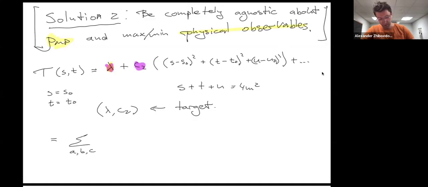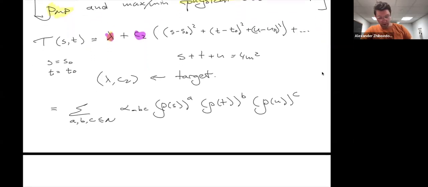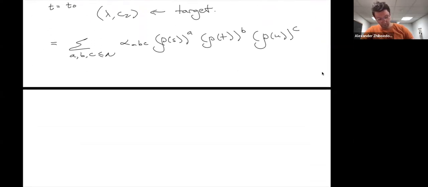You want to construct a big set of functions, and one convenient way is some kind of Taylor series in three variables, rho S to the A, rho T to the B, rho U to the C. And this rho of S is simply a map of a cut plane into the unit disk.